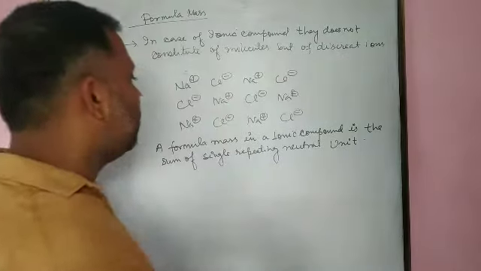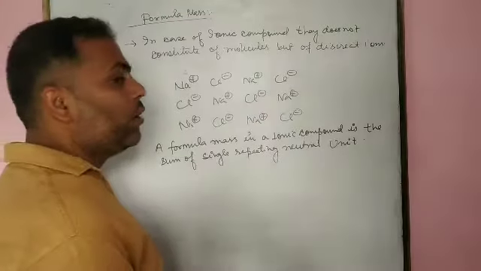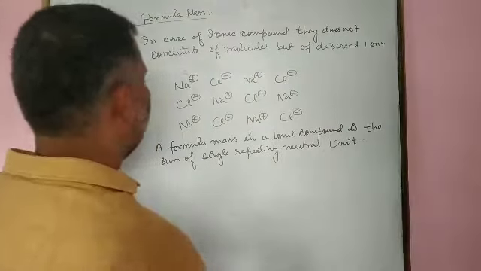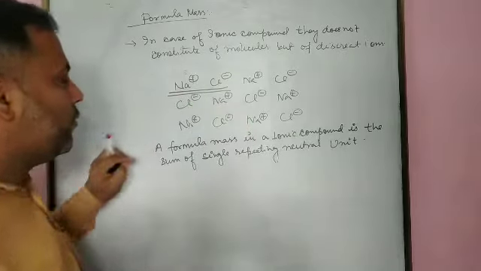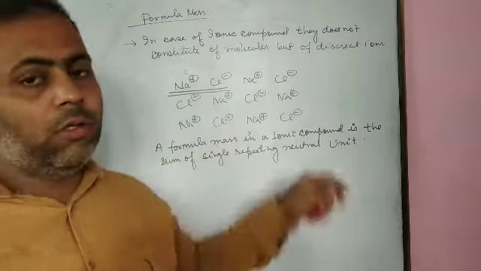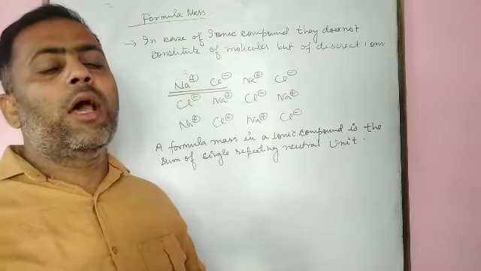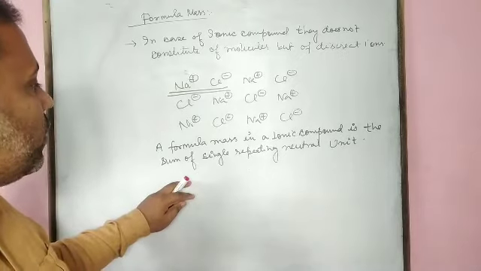What do we see here? We have a single repeating unit, in this case sodium and chlorine. Sodium, chlorine, sodium, chlorine is going to repeat through the entire three-dimensional space. Then in this case, what is the formula mass?